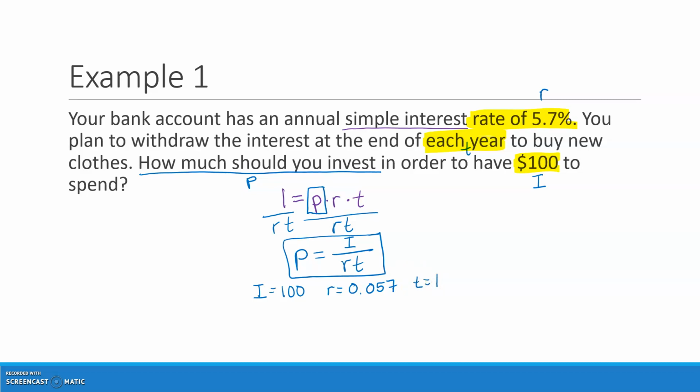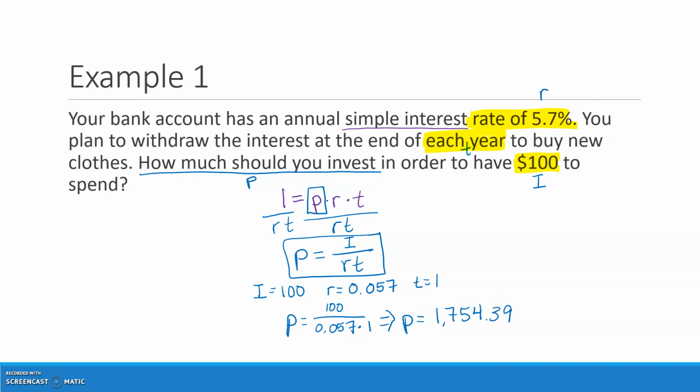So I'm going to substitute in these values, and I get P equals 100 over 0.057 times 1. Well, if I put that in my calculator, I'm going to get P equals 1,754.39, but I don't know what that means.